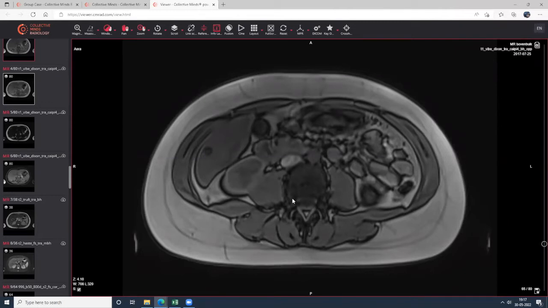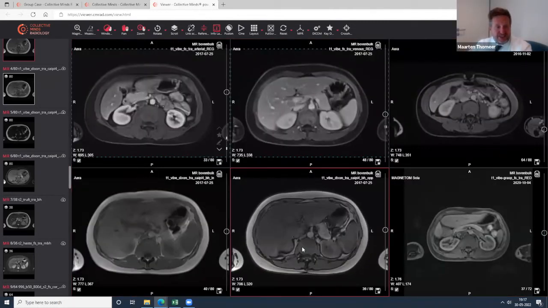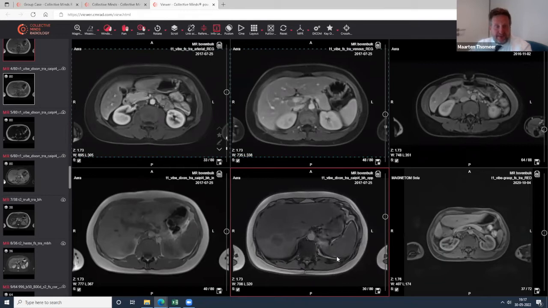So what we see are 2 new lesions maybe, or maybe they were already visible, but now they are enlarged, and they're full of fat. And on the in phase, they are not visible. So if they are not visible on the in phase, it can only be HCC, FNH, or adenoma. And it contains a huge amount of fat.